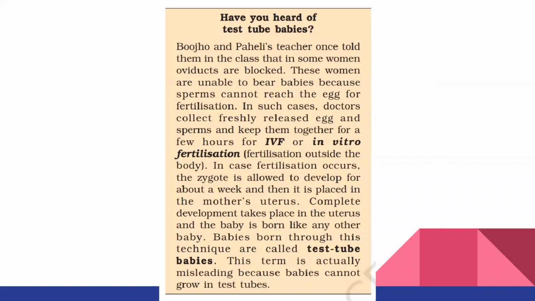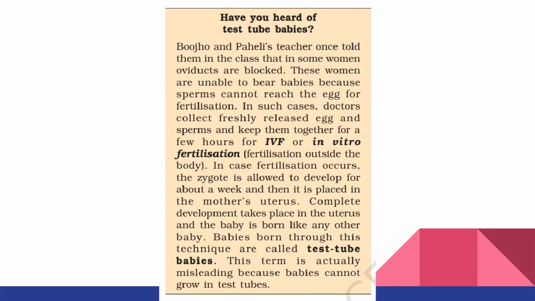So, what is it? Some women are unable to have babies because their oviducts or fallopian tubes are blocked. This prevents the ova from being fertilized as the male gametes from the father cannot come in contact with the female gametes of the mother. This problem can be overcome through test tube baby technology.